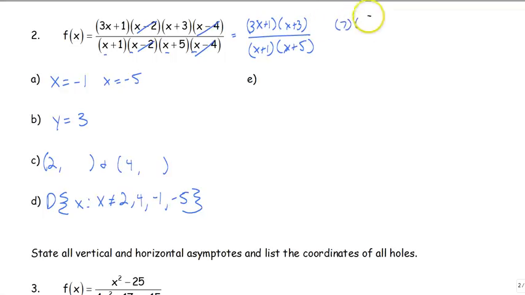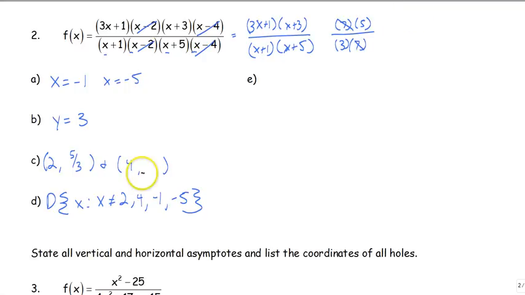We get 2 plus 3 is 5. 2 plus 1 is 3. And 2 plus 5 is 7. Well, the 7's cross out, and we get 5/3. So you can give this to me in decimal or fraction form, but since fraction is exact, we'll just do 5/3.